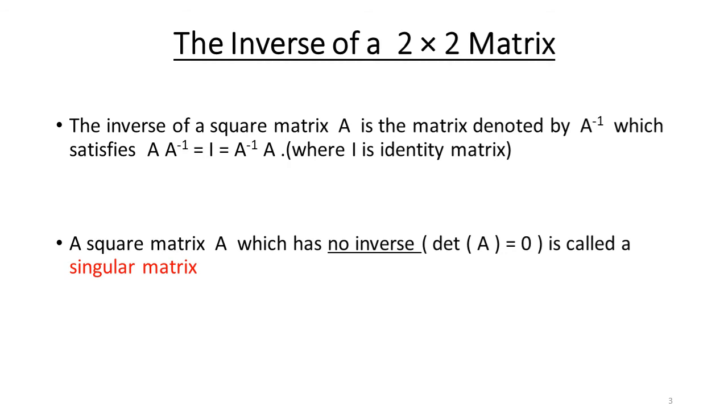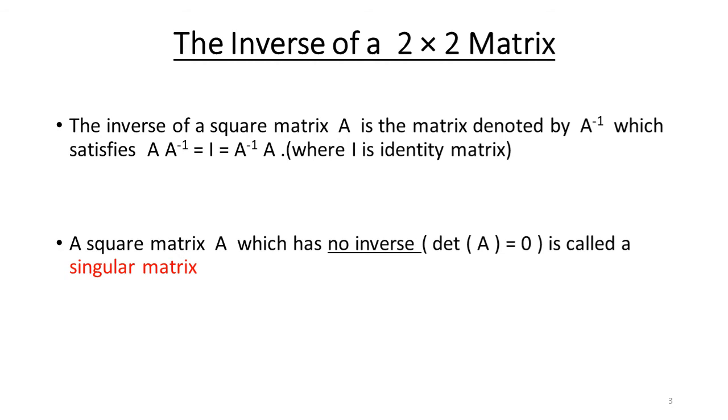Next, we are going to find the inverse of a 2 cross 2 matrix. Number 1, the inverse of a square matrix A is the matrix denoted by A power minus 1.